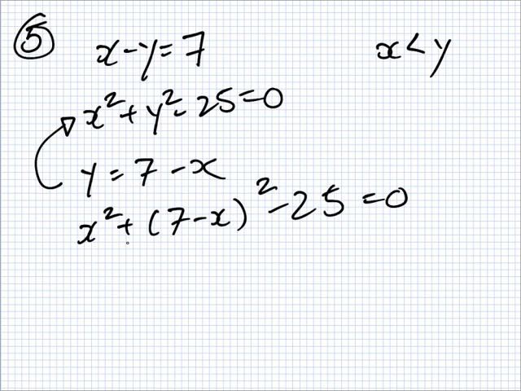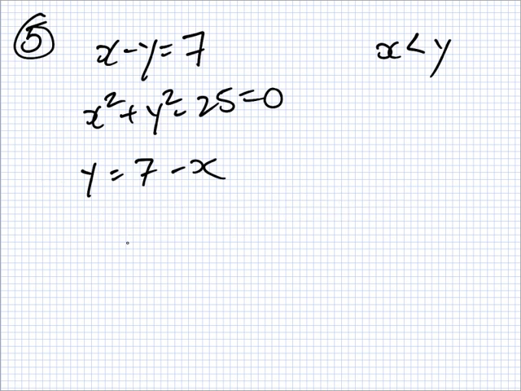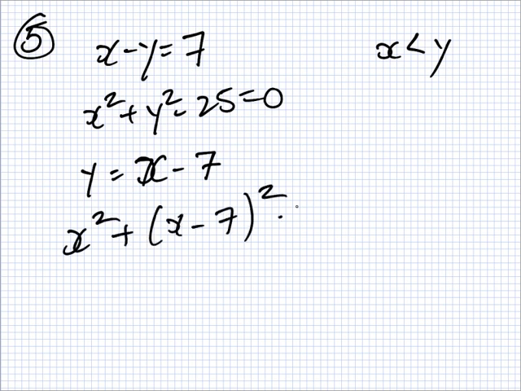Y equals x minus 7. I did it backwards, but I still get the right answer because of the square. But we'll write it properly. Thank you. Y equals x minus 7. So you have x squared plus x minus 7 squared minus 25 equals 0.